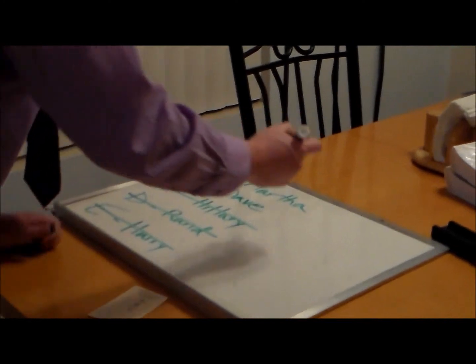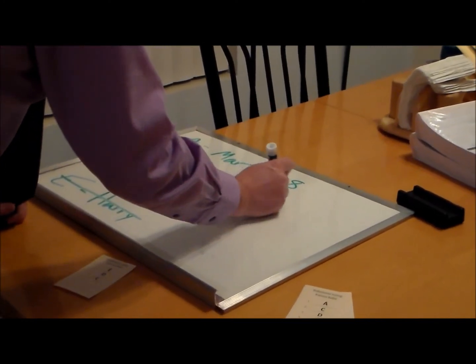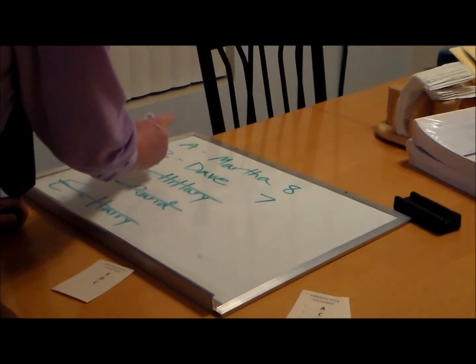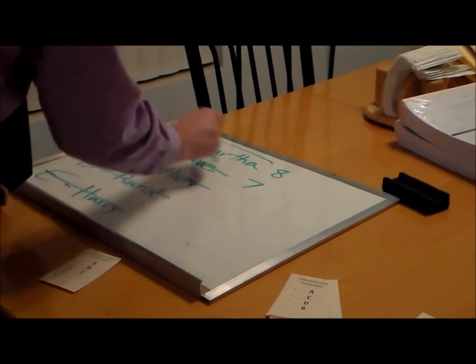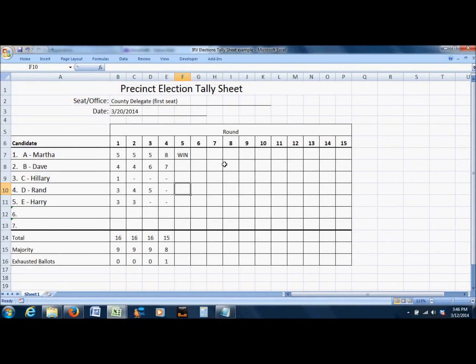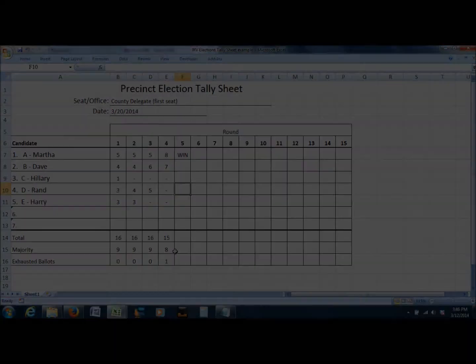So Martha did get 8 votes. Dave got 7. Dave is eliminated, and Martha is the winner. Since A won the coin toss, we redistribute, write the results here, and we now have a majority, 8.